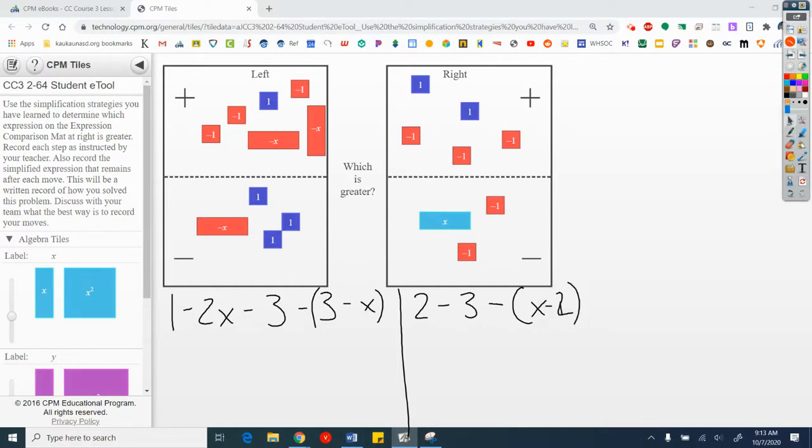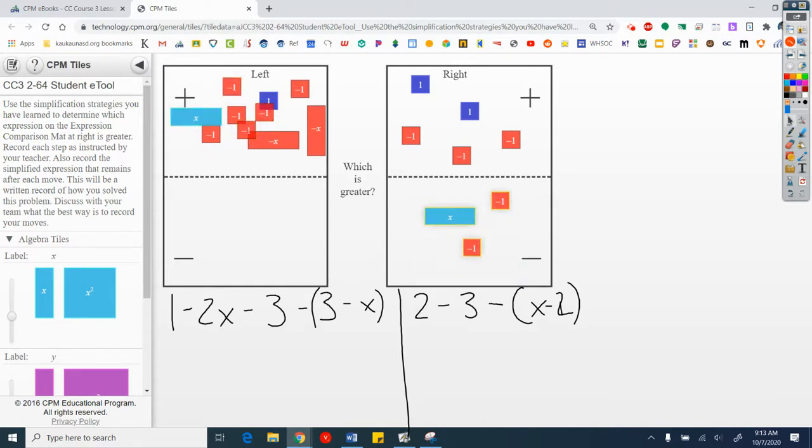The first move I'm going to make is to flip everything. Really what I'm doing is distributing this negative sign.